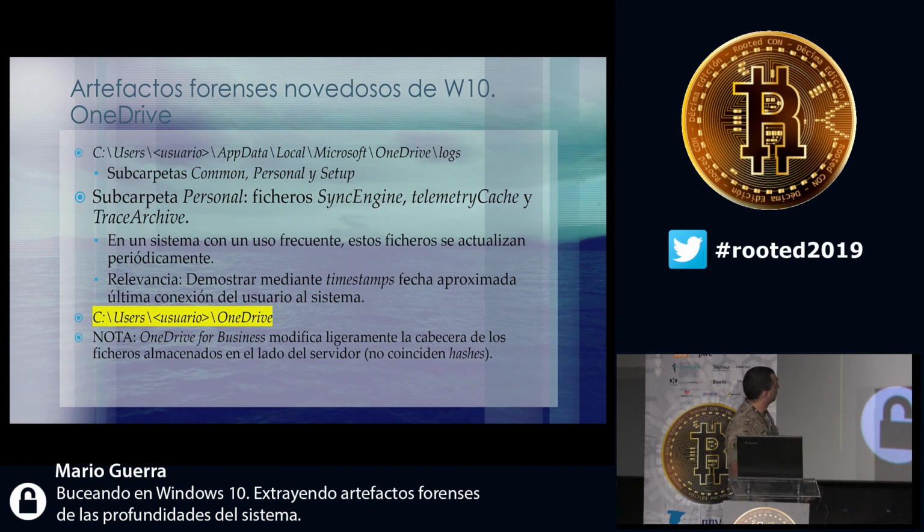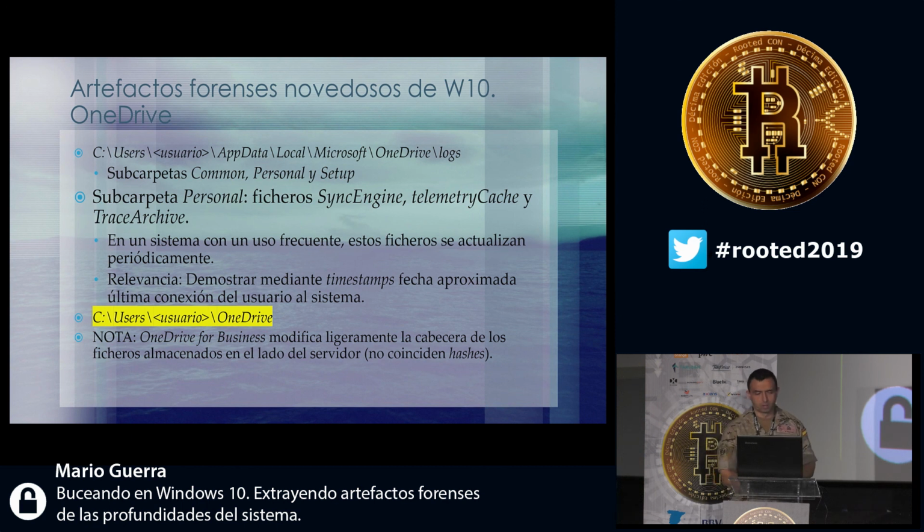So this is by default saved in the OneDrive folder of the user, and if you know how to configure the logs and what files to analyze, you can try to do an interpolation of the tool use, knowing that there is a frequent update of these files. If a computer stops connecting at a point in time, and that's the working time of a person, you can define that person.